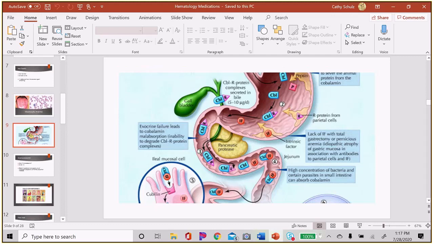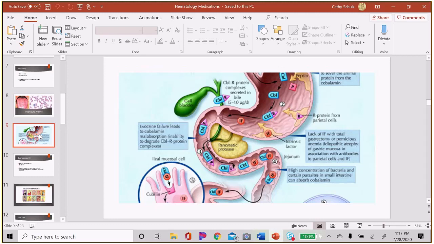Usually the issue could be, of course, that the patient isn't getting enough vitamin B in their diet. This is particularly vitamin B12, but sometimes it's because the person actually has some kind of autoimmune disorder that's decreasing their ability to make intrinsic factor.